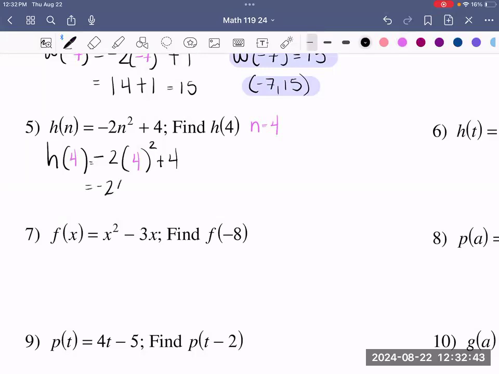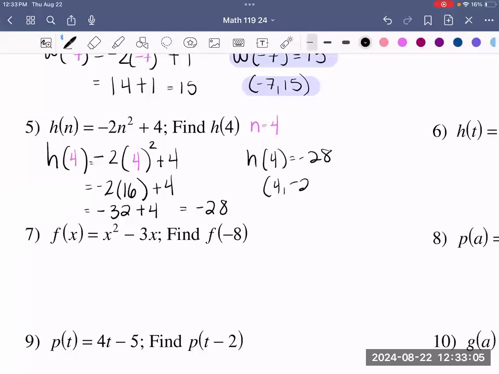Order of operations says we need to take care of the exponent first. So we have 16, and negative 32 plus 4 is negative 28. So we have h of 4 is equal to negative 28, or 4, negative 28.